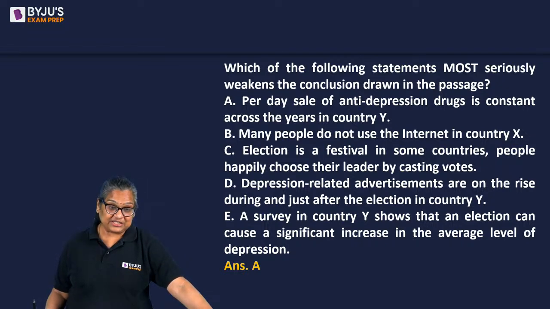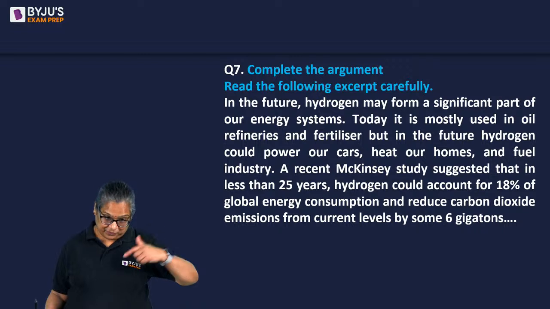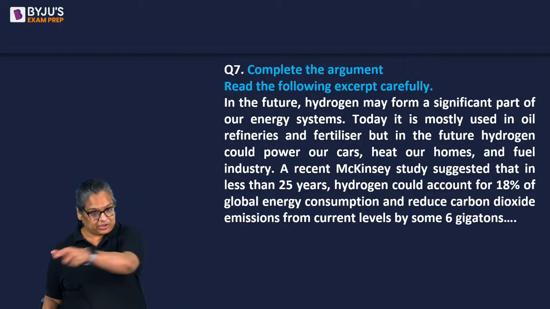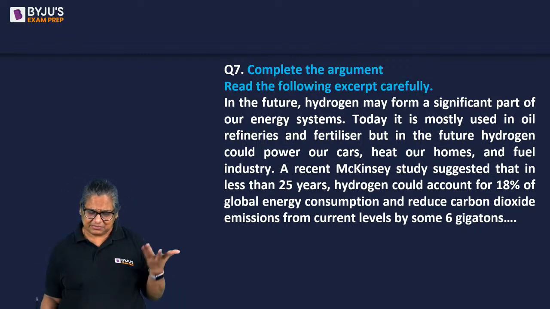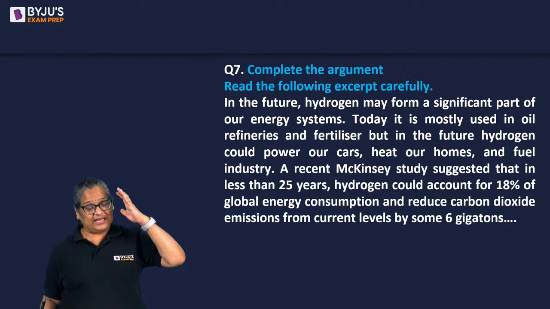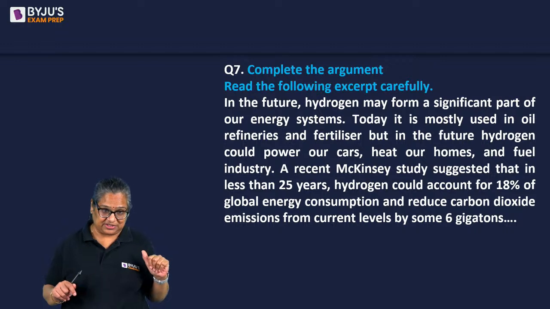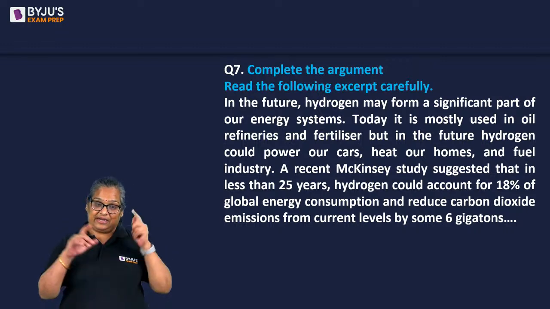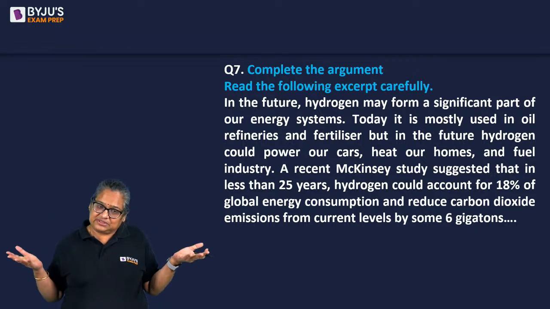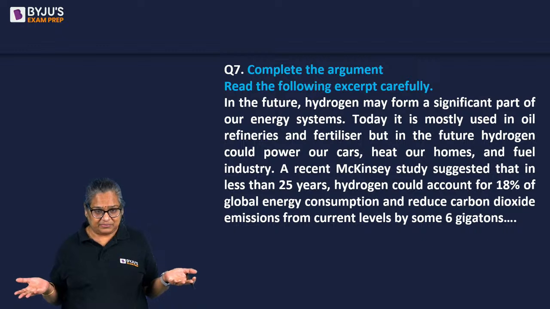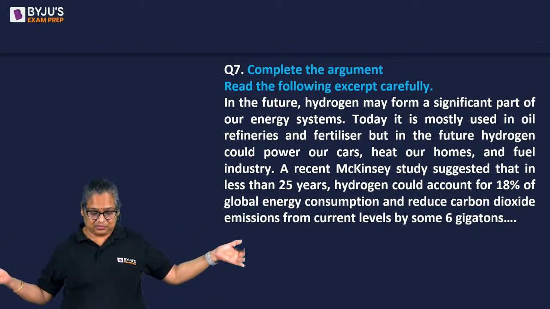Okay, advertisements are for people suffering from depression. Okay, get this medicine maybe, but advertisement will not weaken the conclusion that the elections caused depression, and therefore people went on depression searches. What will show that the election did not cause it? The sale of the depression drugs was the same. So you can't say it caused depression, more people were depressed, whatever.